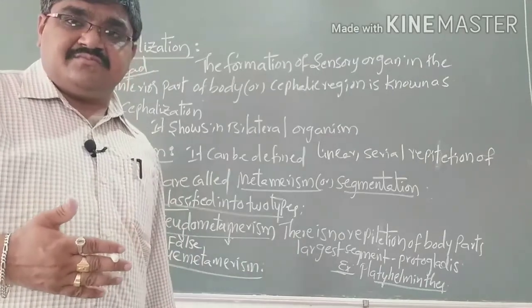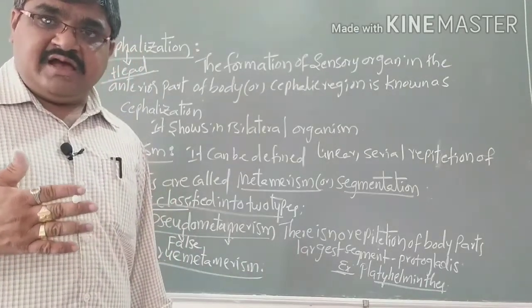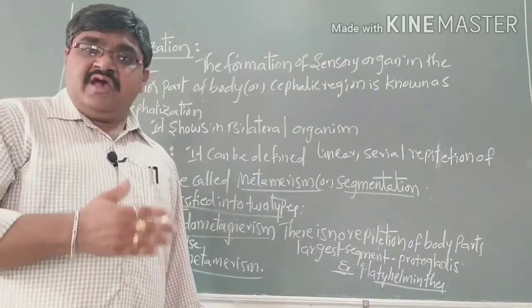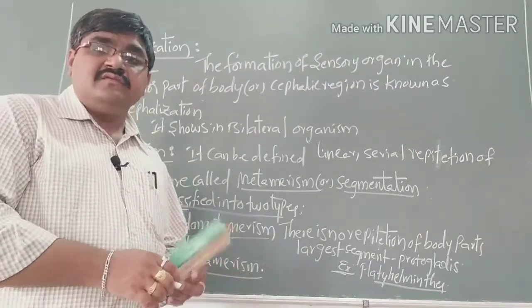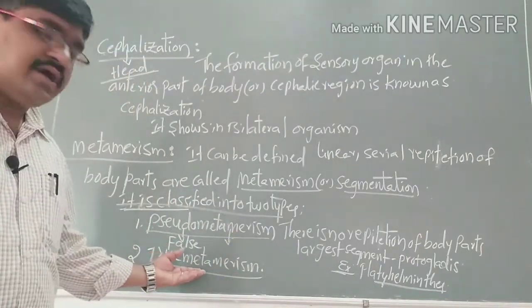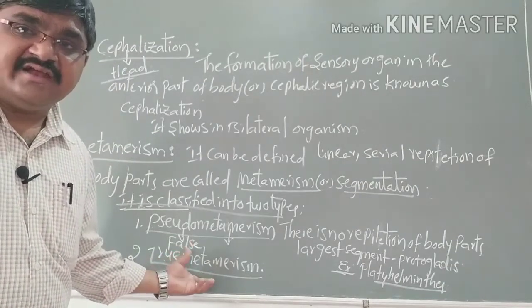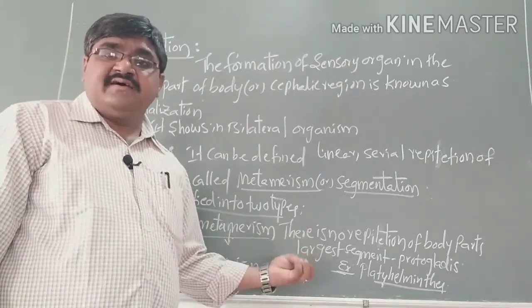Internal body parts repeat as septa and external body parts as annuli. We can see this in annelids, arthropods and vertebrates.